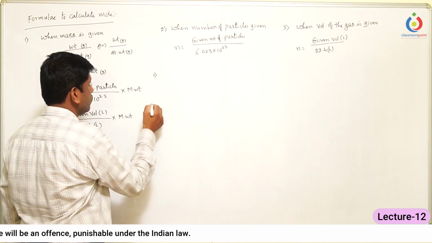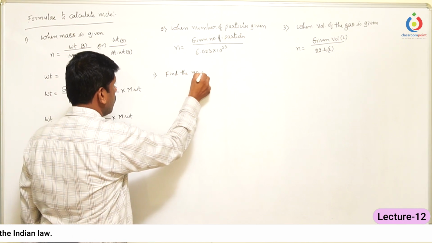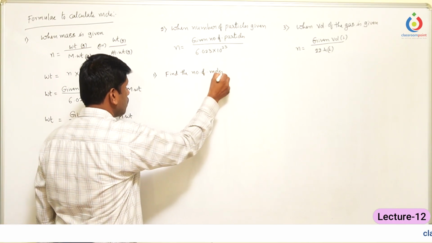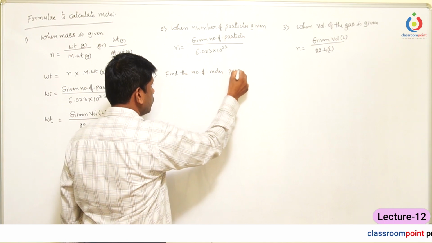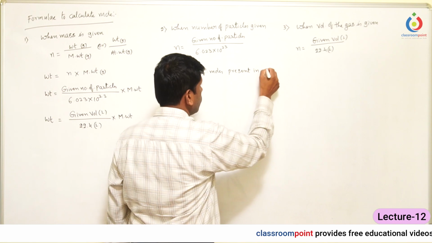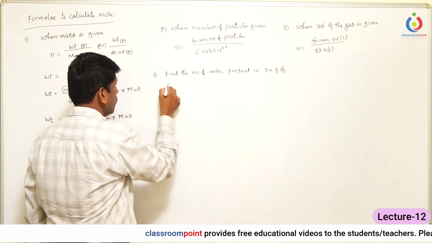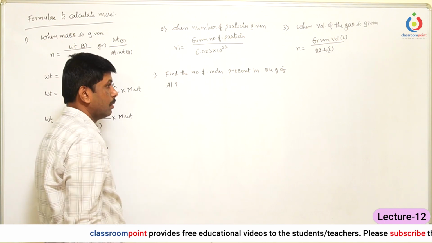So the first one is: find the number of moles present in 54 grams of aluminum.